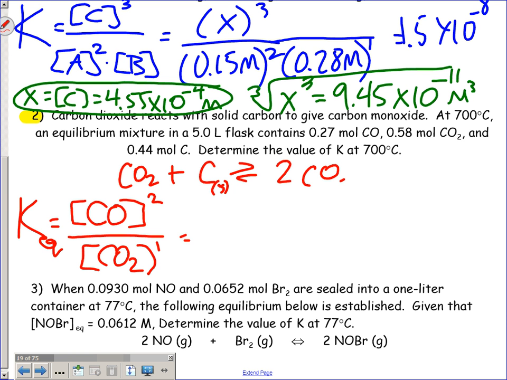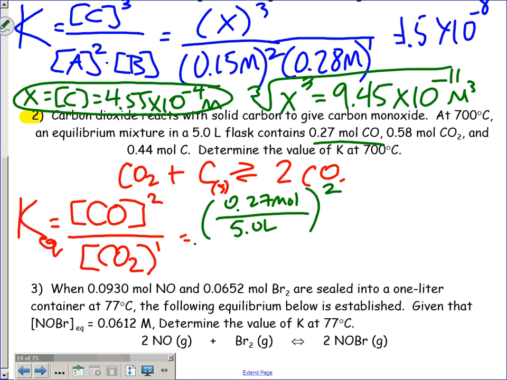Okay, do I have concentrations given to me in this problem? No, I don't have concentrations. I have moles and liters. Okay, so what would I be putting in here to calculate my own concentration? 0.27 moles over 5 liters to get molarity.